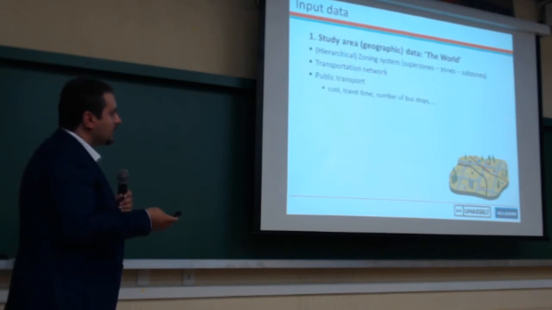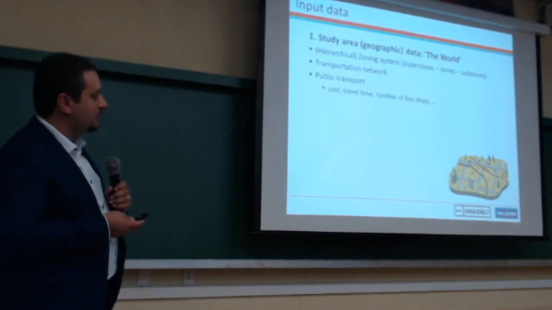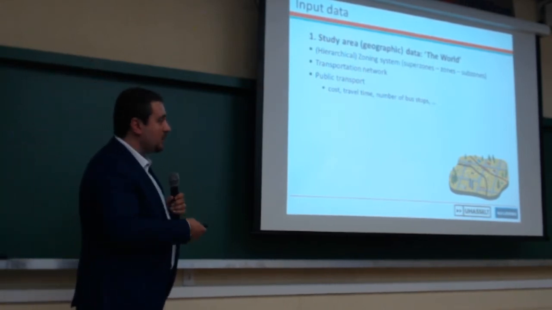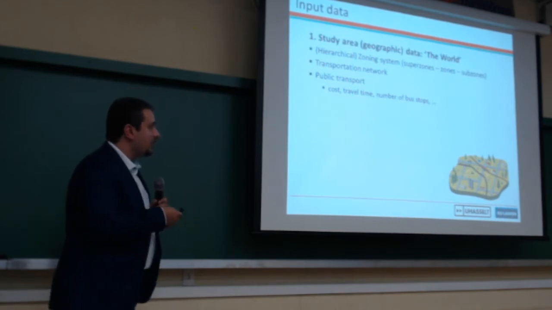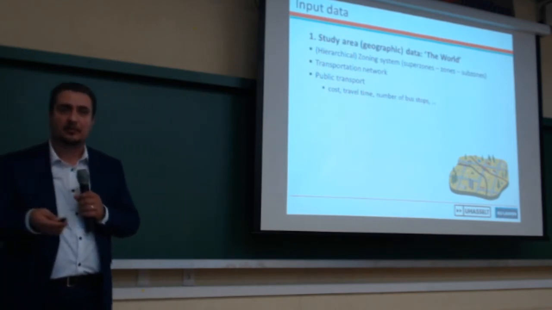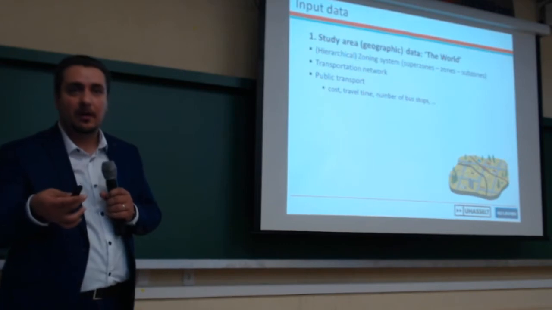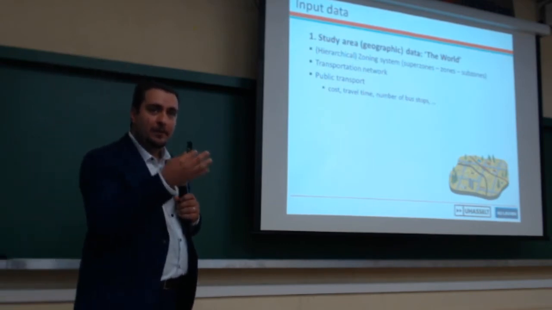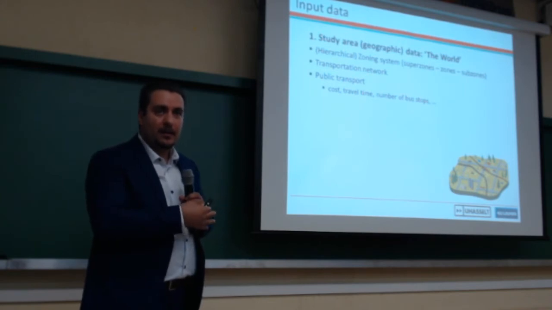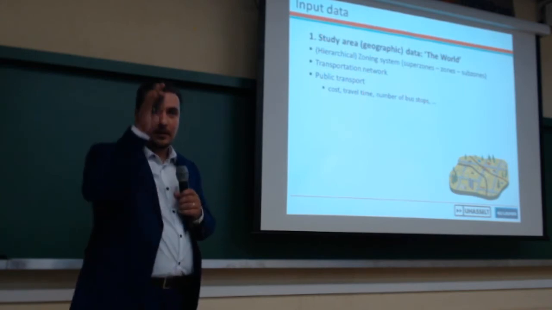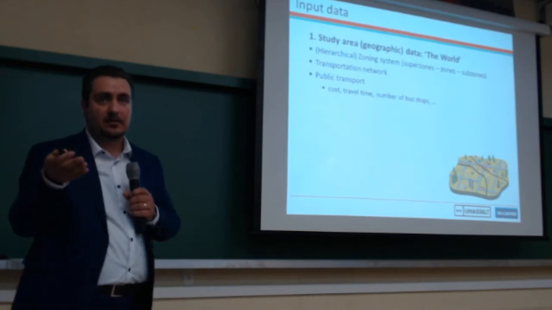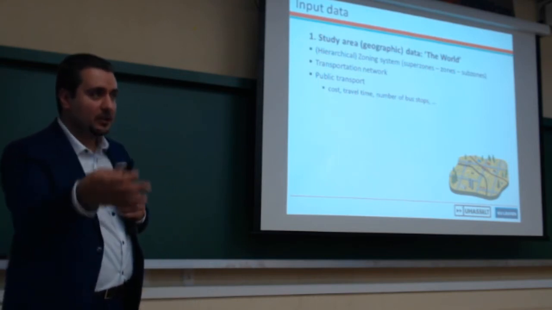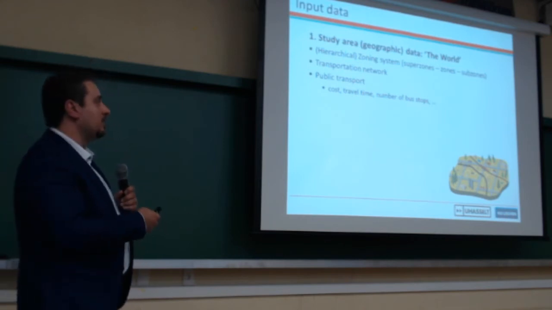In this specific case, we also need public transportation. There are different aspects that we need information on: cost, travel time, number of bus stops, number of train stops, their schedule, how comfortable they are, whether they are equipped with those panels that give you information about the arriving stops or the travel time to your final destination or not.